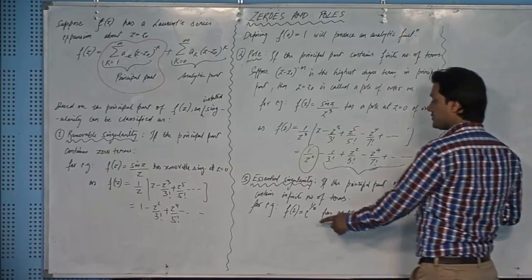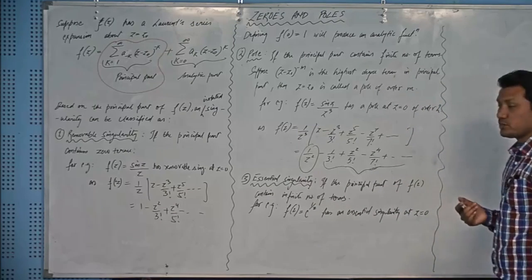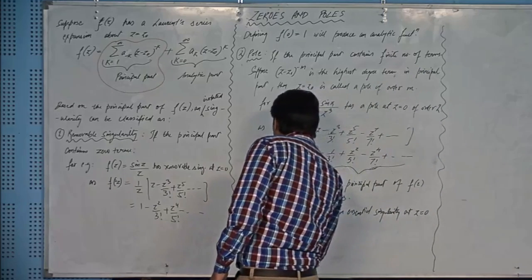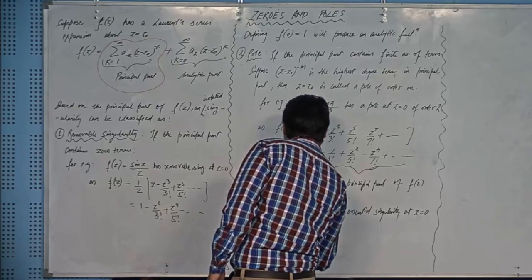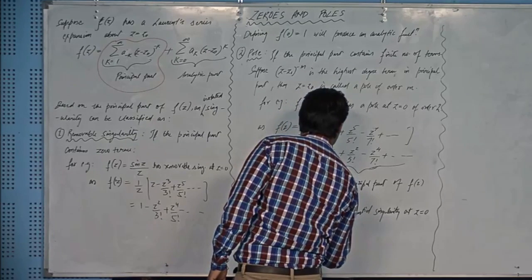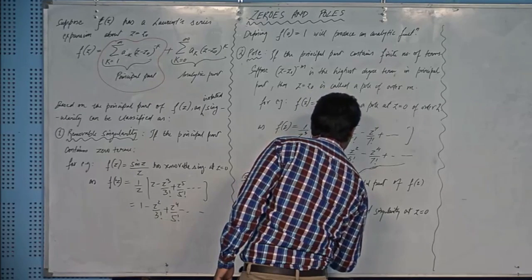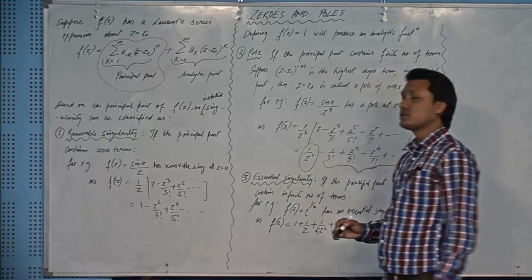If we expand this function, e to the power 1 by z, we will apply the exponential series. f(z) on expansion will give me 1 plus 1 by z plus 1 over z square by 2 factorial and 1 over z cube by 3 factorial, and so on, right?